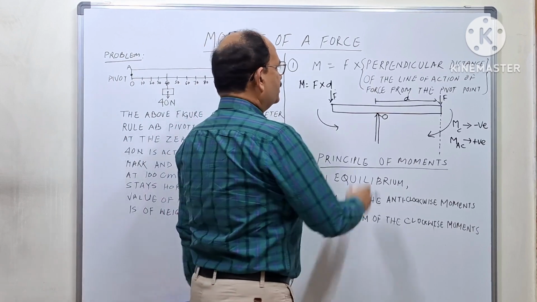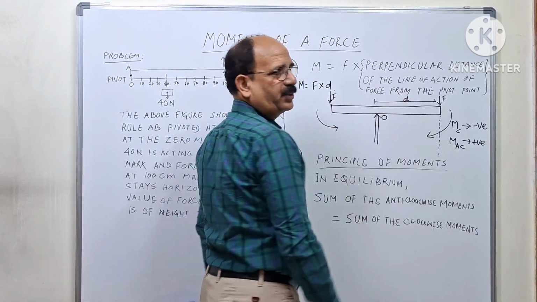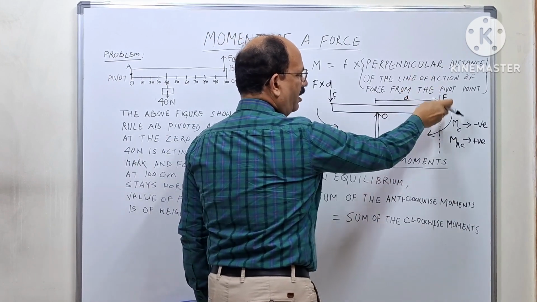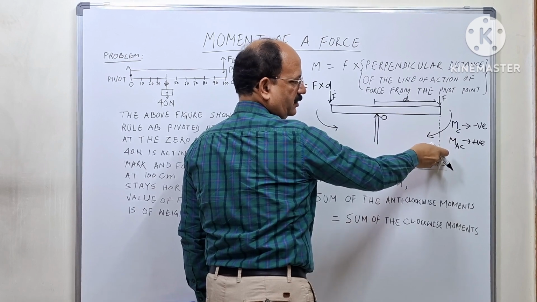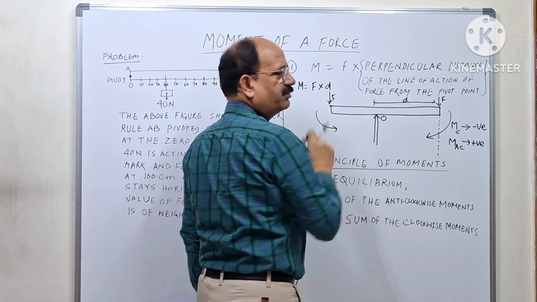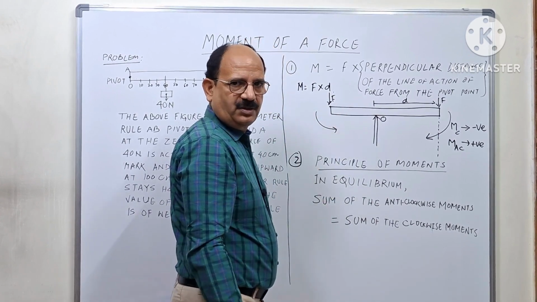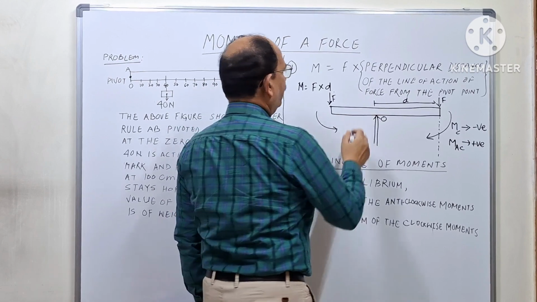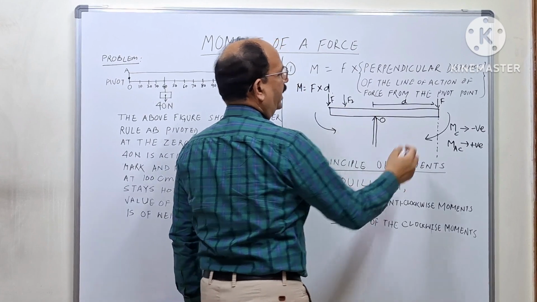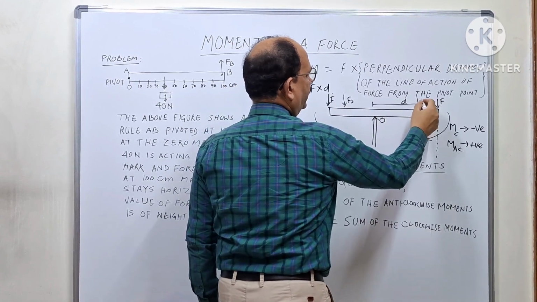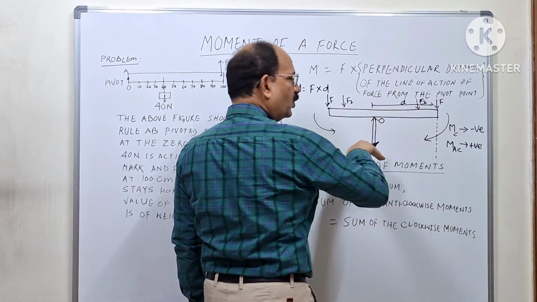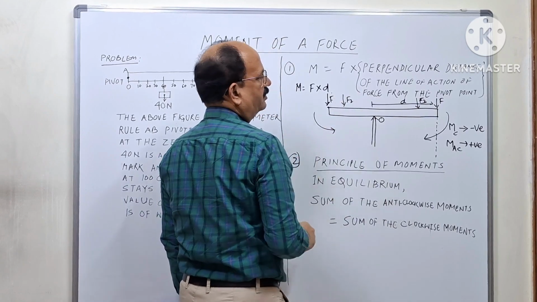Now, if suppose both forces are applied together, then this force will try to rotate the rod in clockwise direction, and this force will try to rotate in anti-clockwise direction. Suppose I apply one more force, like say F2, and apply a force here, F3, then even this F2 will try to rotate it in anti-clockwise direction.